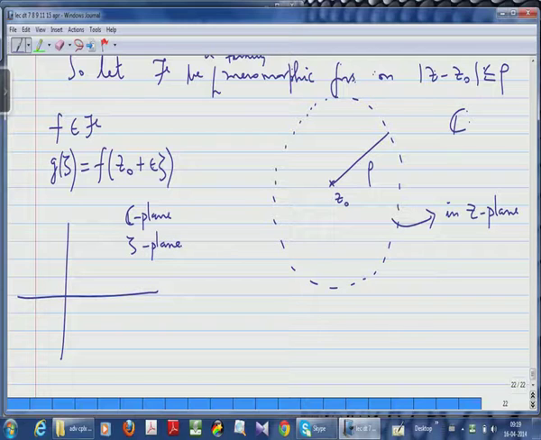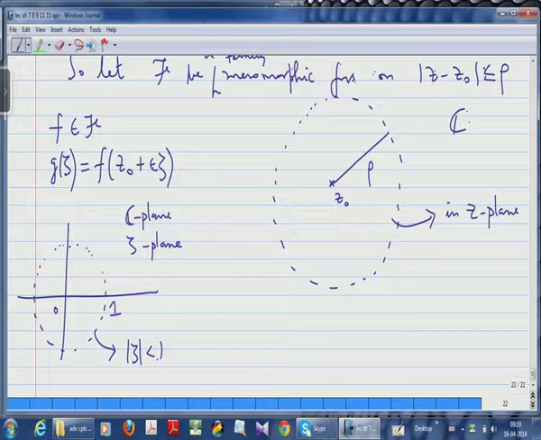I take this unit disk |zeta| < 1, and I define the function g as a function of zeta. You have just magnified the behavior: the value of g at zeta is the value of f at z0 + epsilon times zeta.